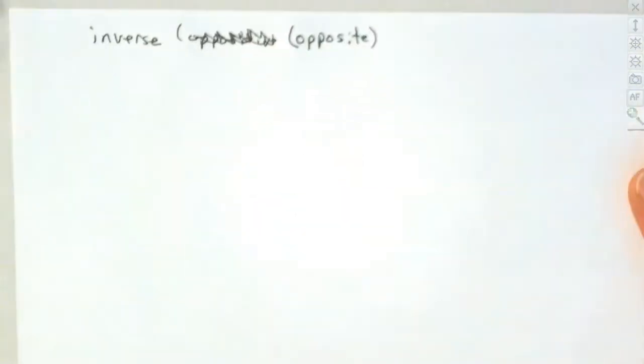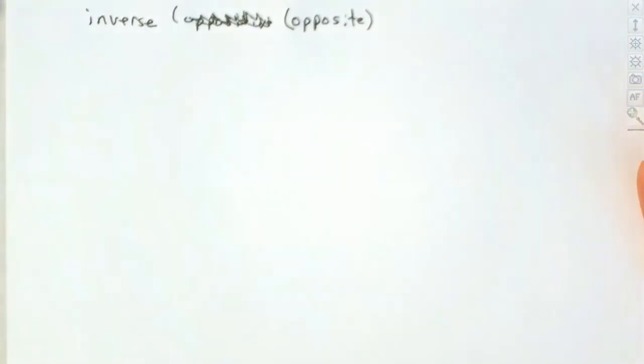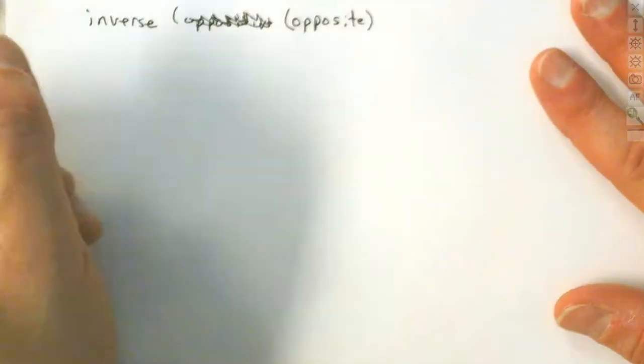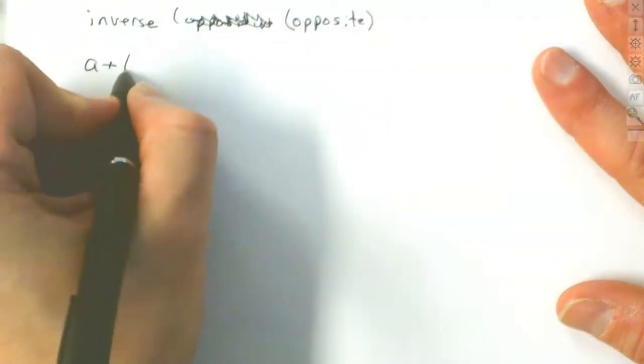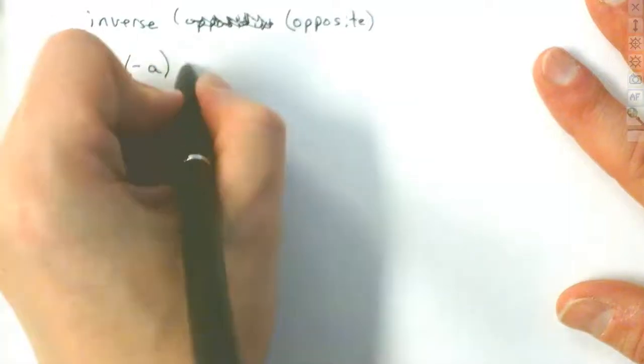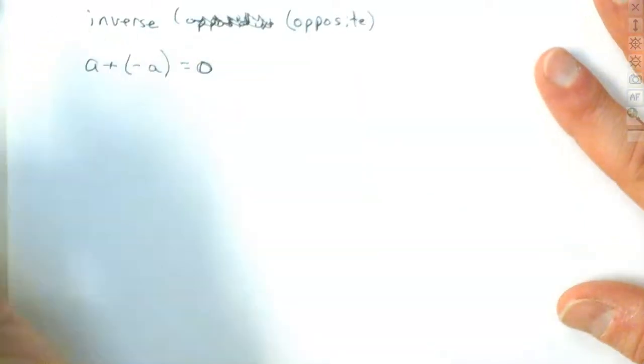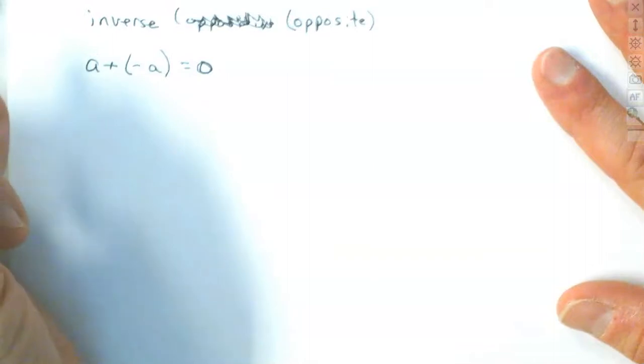Now, we have an additive inverse and we have a multiplicative inverse. The additive inverse is the negative. So A plus a negative A is 0. Has to equal 0 for the inverse. Inverse means the opposite. And it's going to equal 0.